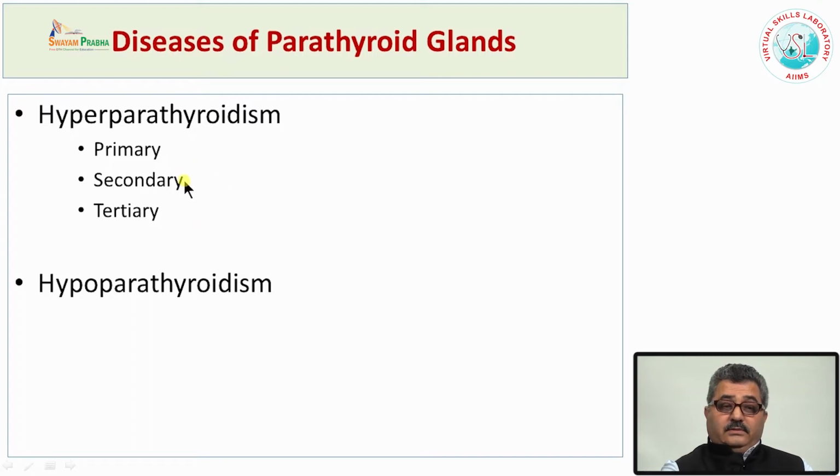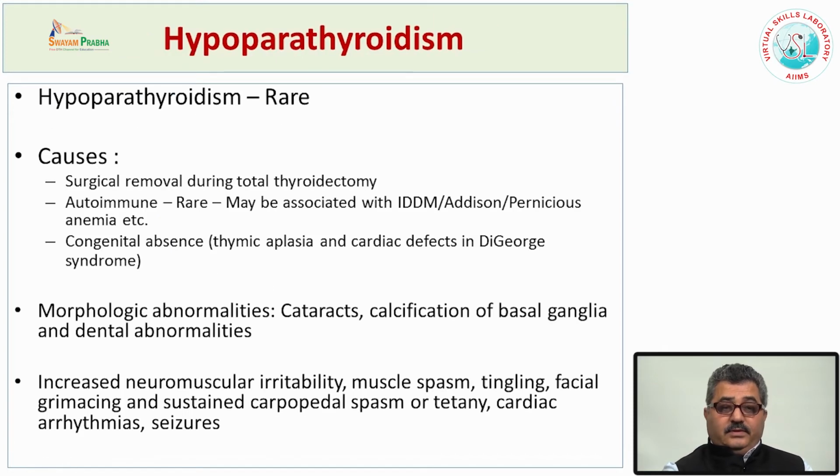One is the primary, the other is the secondary, and the third is the tertiary hyperparathyroidism. Hypoparathyroidism is extremely rare, and the most common cause, that is the decrease of the parathyroid hormone level in the blood, is after thyroidectomy.